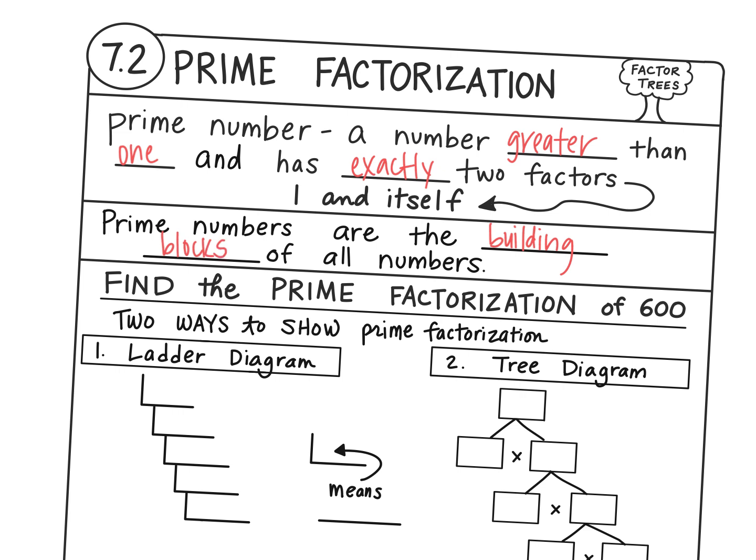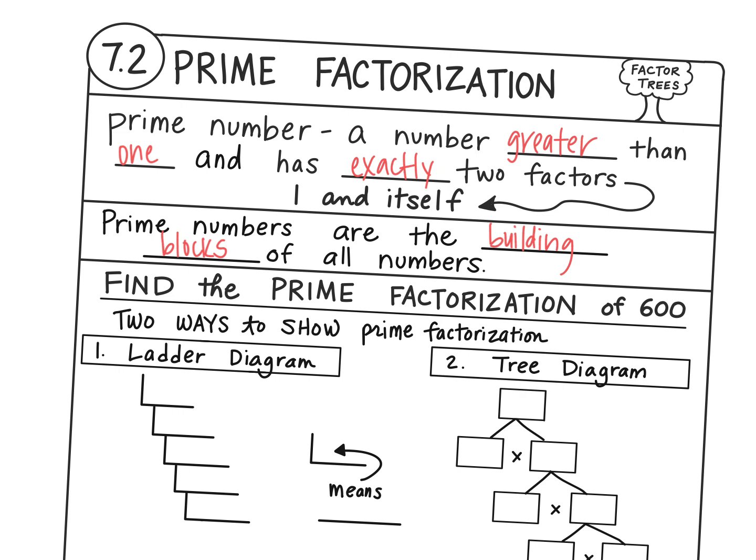Prime factorization is when I take a large number and find factors of it, and more factors of those factors, until I get all the way down to the prime numbers. That's prime factorization.